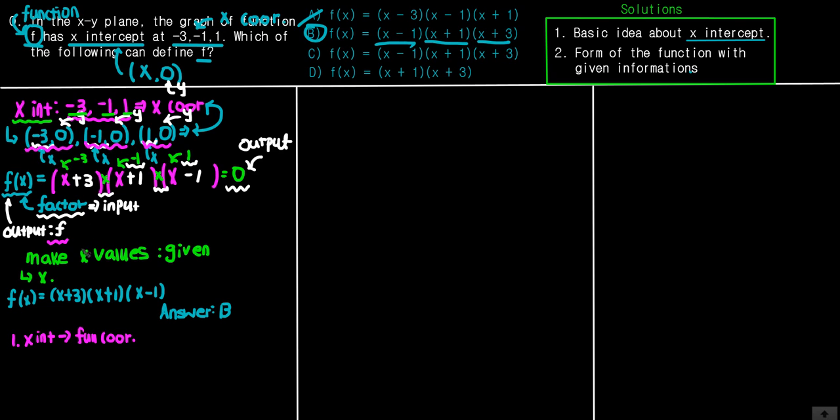The second step is that we replace every term, making the given x values into the x value. This should be the second step, and this should be the third step.